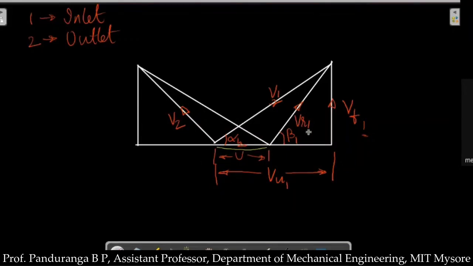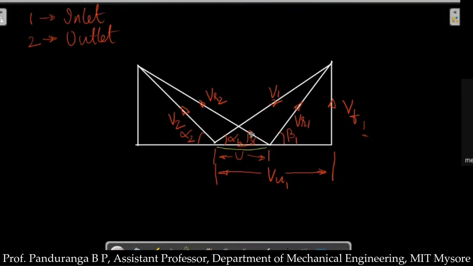And wherever we have the origin of vr1, at the same place we'll have the origin of vr2, in common base representation. So now we have v2 and vr2. The angle made by v2 with respect to u, I'll call alpha 2, and the angle made by vr2 with respect to u is beta 2.